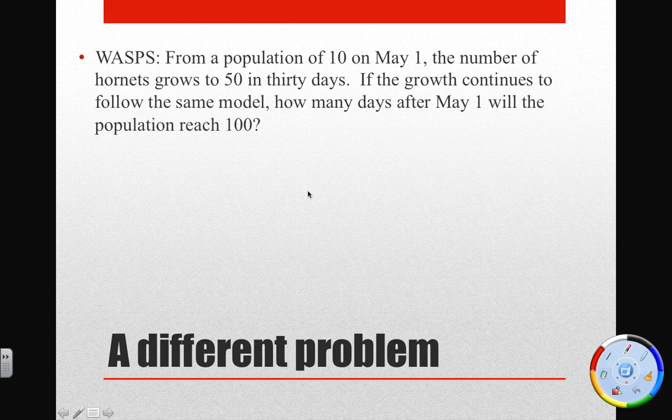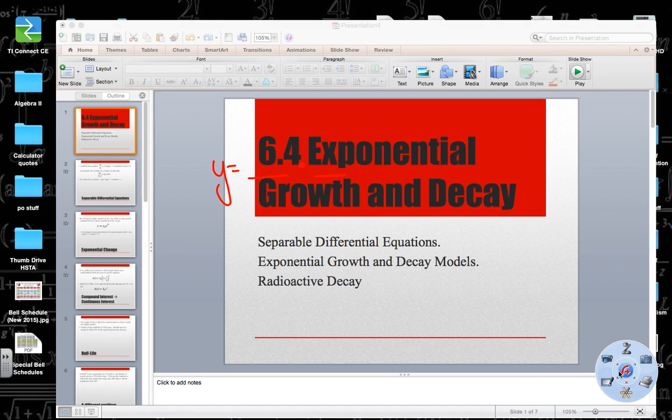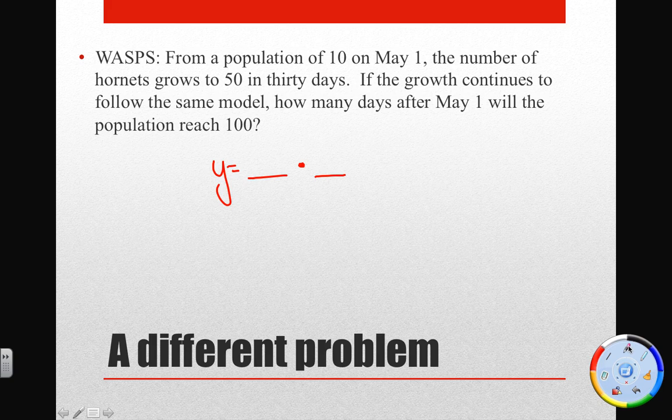So here's what we need. We have y equals an initial amount times our growth factor to some exponent. I like to do these problems pretty quick because once you get the hang of this, it actually is pretty quick. So let's get rid of those lines there.